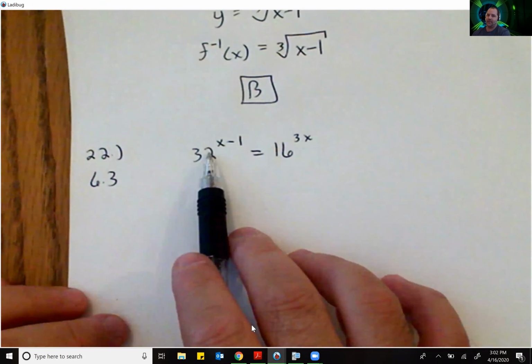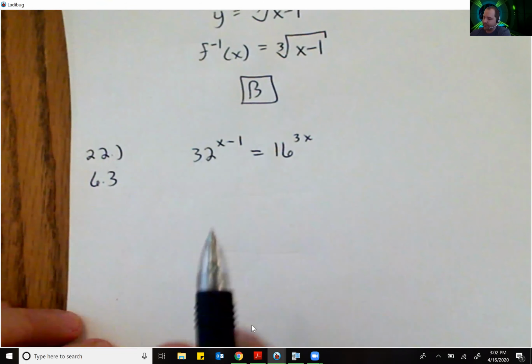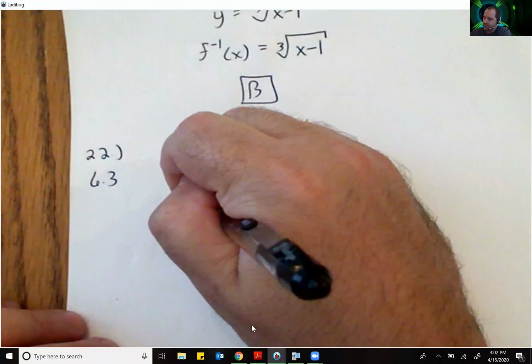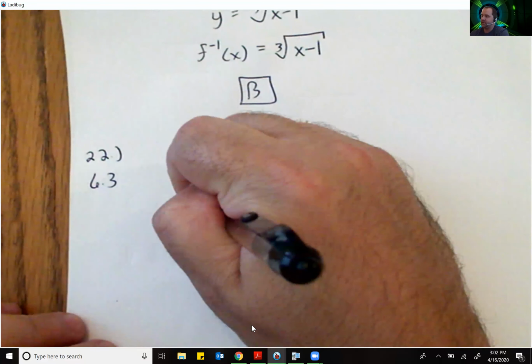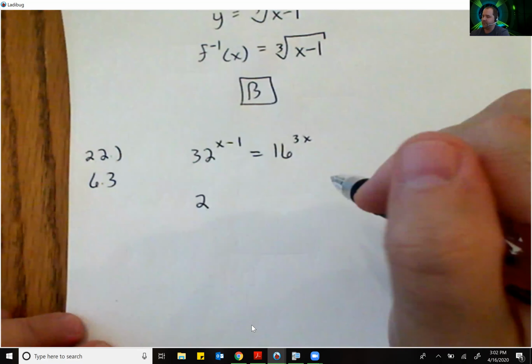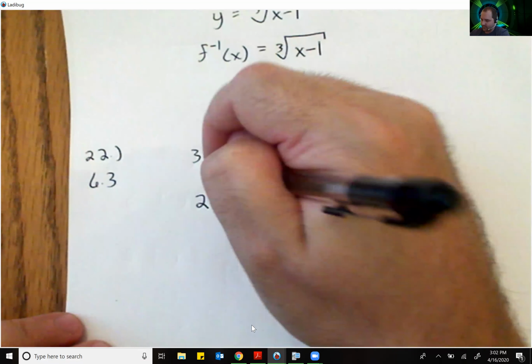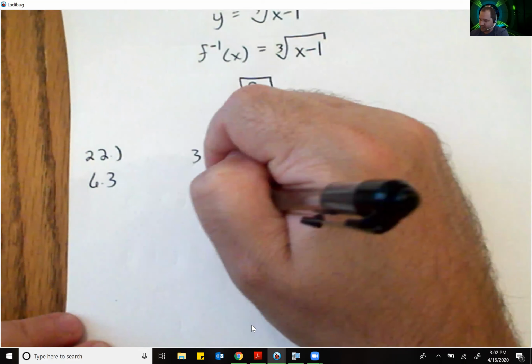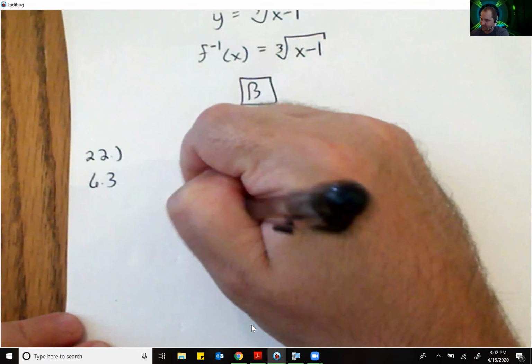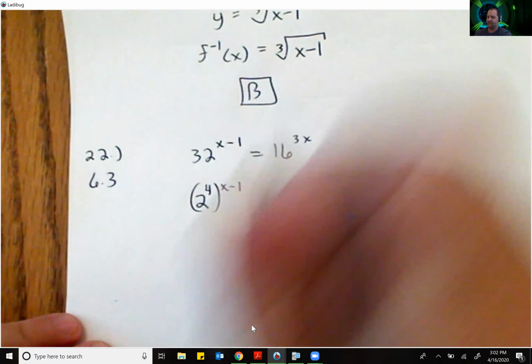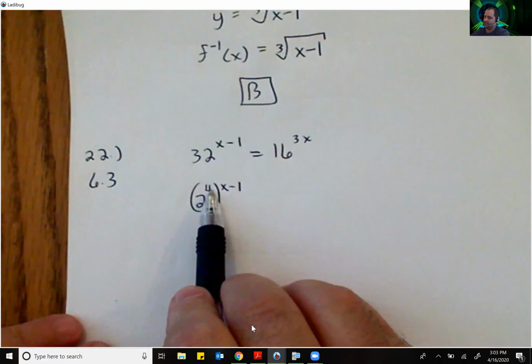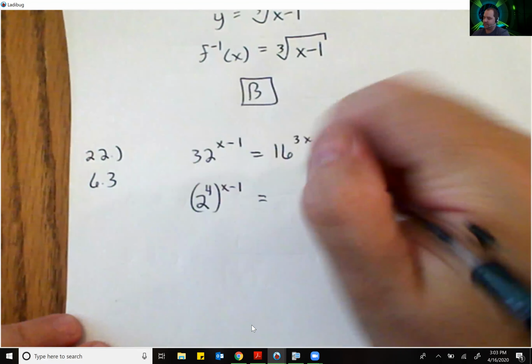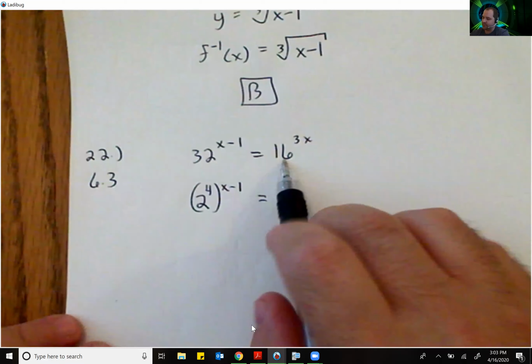32 is actually made up of 2. 32 is 2 to the 4th power. That's what that 32 is. It's 2 to the 4th. 16 is really 2 to the 3rd.